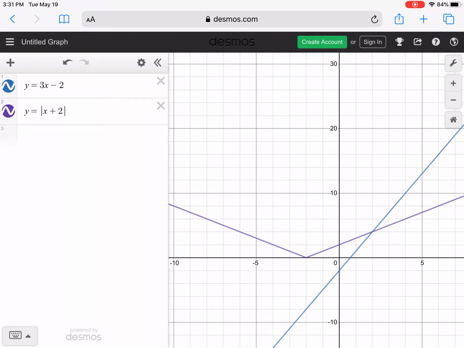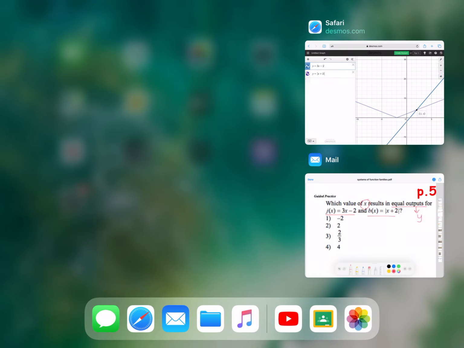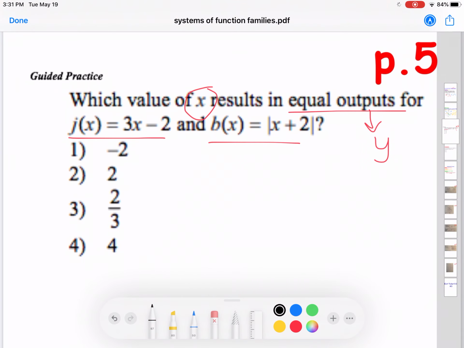Well, if something has an equal output, that's basically where is their point of intersection. So in this graph, you should have noticed that these graphs intersect at 2, comma 4. So if we were to just sketch a picture of what we just saw, we saw first our j of x function was an absolute value graph that looks something like this.